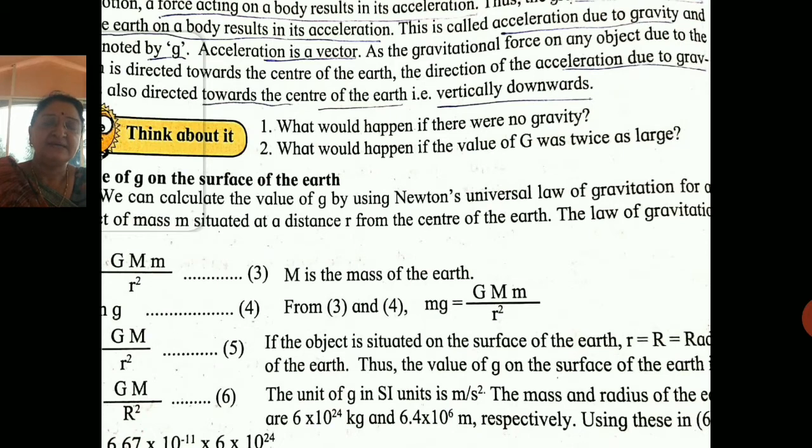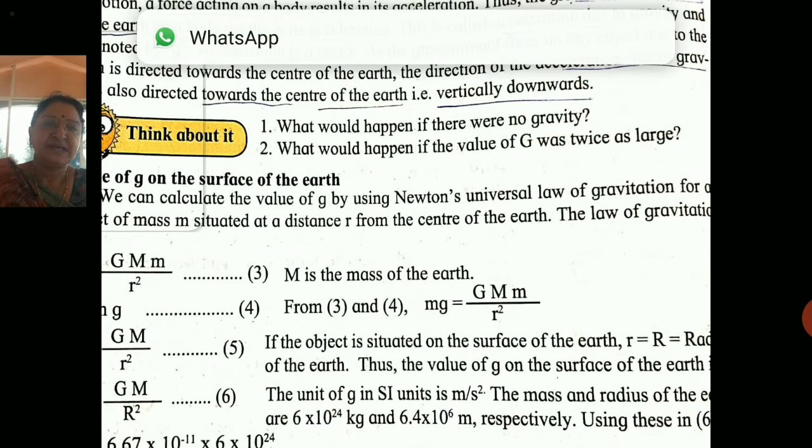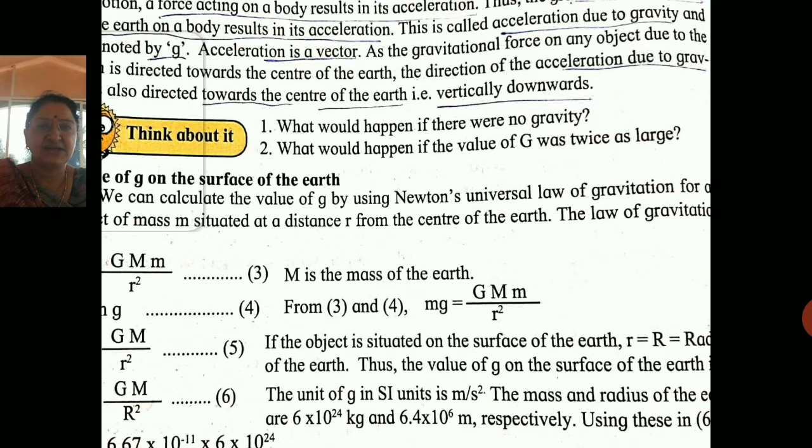Now we know that the weight of any object is equal to mass into gravitational acceleration. So F is equal to the mass of that object into gravitational acceleration. Weight of that object, W, that is F, is equal to mg. Later we will learn about weight.